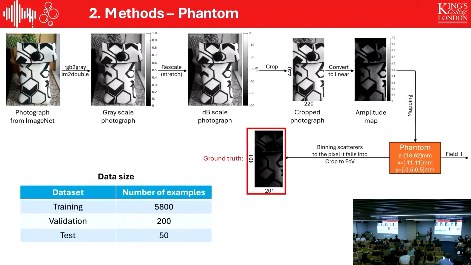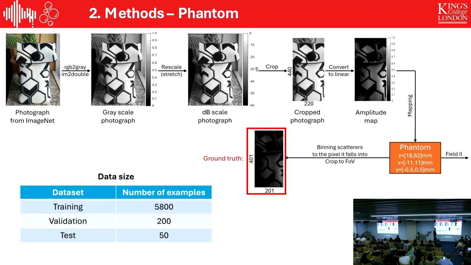This slide shows how we made the phantom. We take a real photographic image from ImageNet, and we apply some pre-processing to get an amplitude map. With this amplitude map, we map the scatterers in the phantom to that amplitude map, so we get a phantom that looks very similar to the amplitude map.